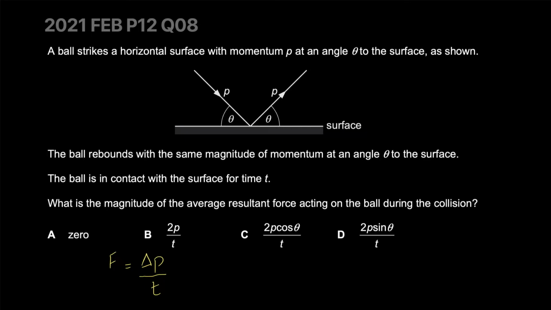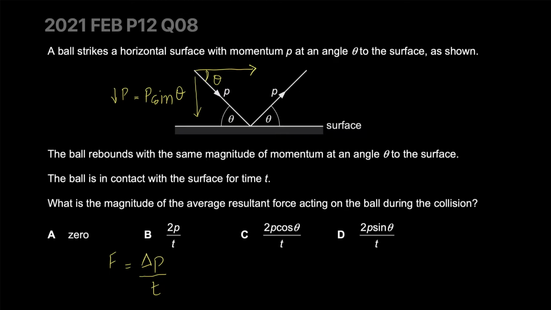So if I were to resolve this, that's the horizontal component of our vector, and that's the vertical. This angle is theta. So the vertical component is going to be P sine theta.